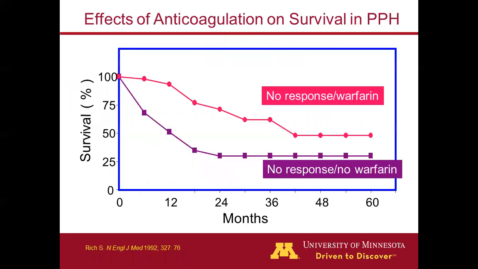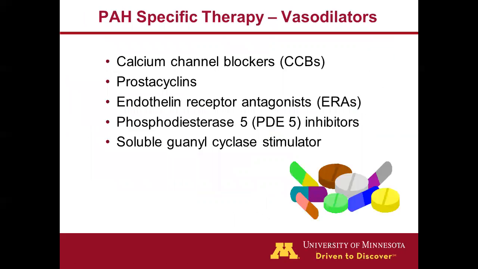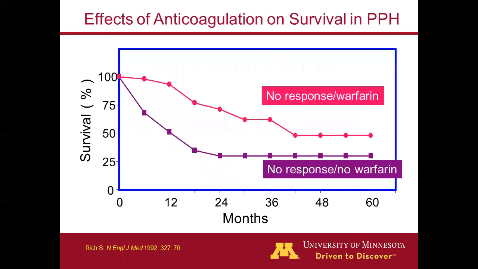I don't have the slides on it right now. It was just recently published in Circulation. Now we're talking about group 1, which includes idiopathic or familial PAH, or PAH associated with connective tissue disease or portal hypertension. Of all these categories, only the idiopathic or familial patients actually got better. When Stuart Ridge studied those patients, they were only idiopathic PAH.